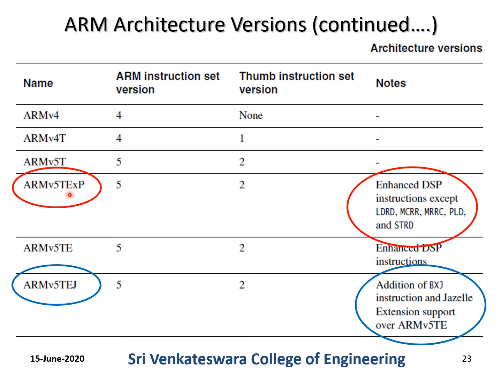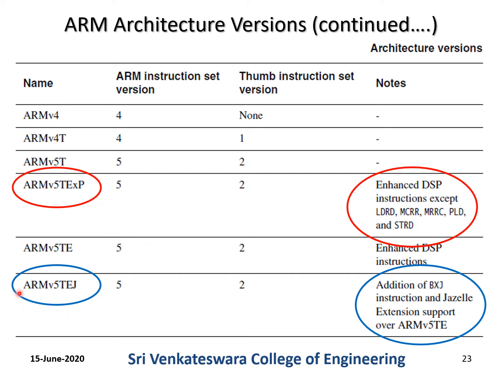E stands for enhanced DSP instructions, and XP stands for except certain instructions of DSP, all others are supported. Some instructions like LDRD, MCRR, MRRC are not supported by this processor. So the naming convention gives certain information to the user.